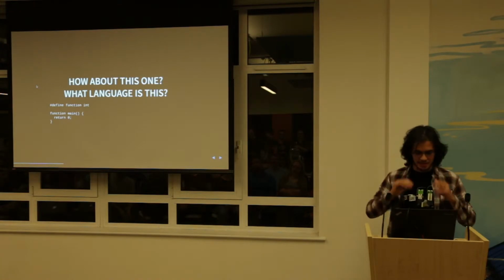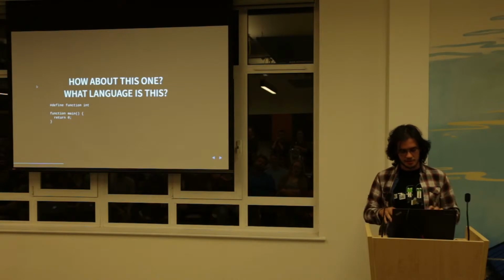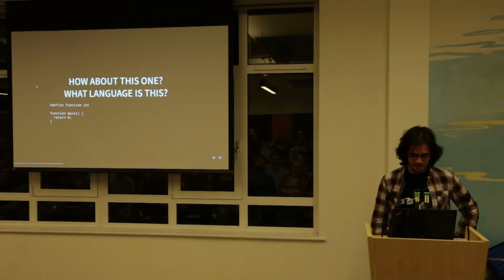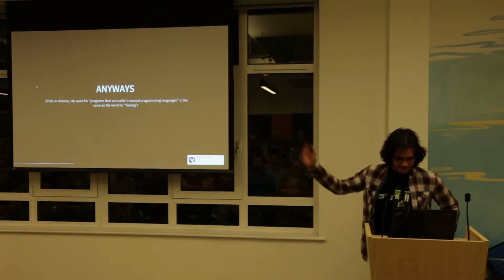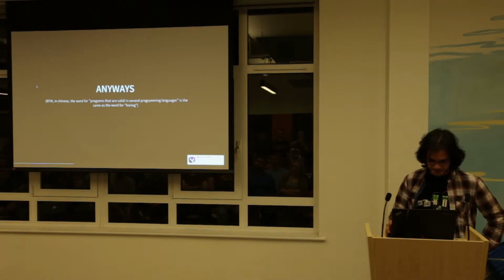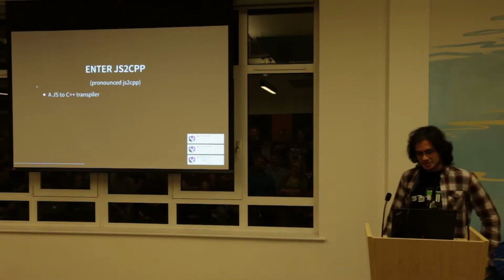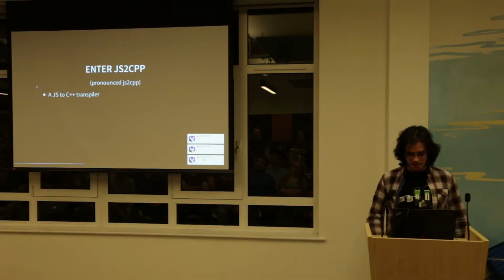I'm going to teach you guys how to squint hard enough so that you look at JavaScript and it's actually C and it's actually faster. In some cases. In most cases, it doesn't work. It crashes on me. I don't know why. Anyways, we're going to talk to you about JSCPP.